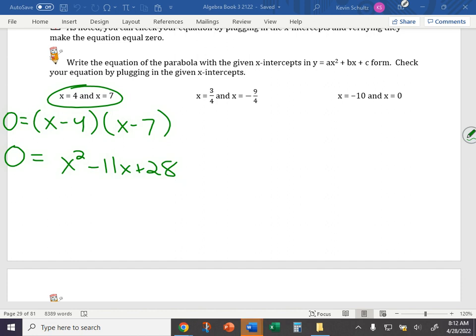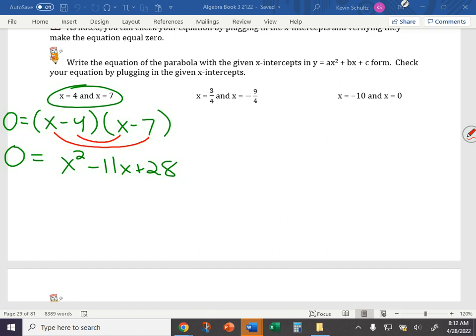Negative 11 would come from our inside and outside. If you're using FOIL, it would be this multiplication here, negative 4x and negative 7x. You could then combine those. Basically, you just flip the sign of the 4 and 7. Yes. Because remember how we got that 4 and 7.